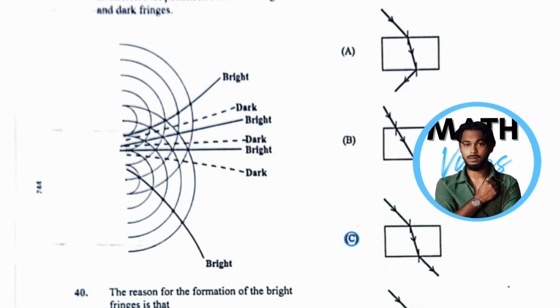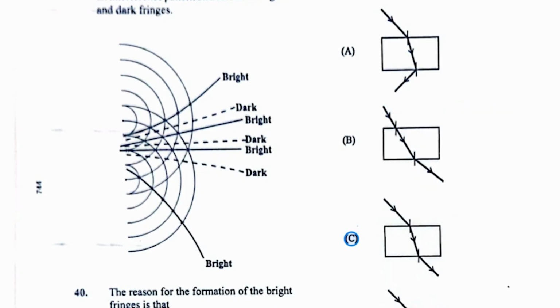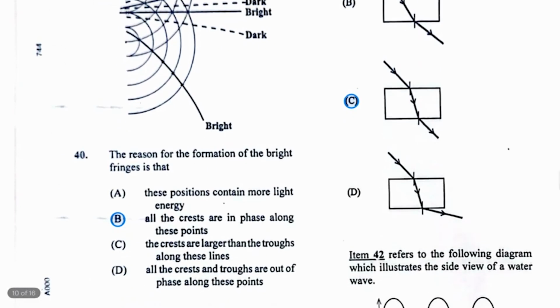So in this case, if they align, it's going to produce a bright spot. But if destructive interference happens, that means the waves are out of phase, so they cancel off, and that creates a dark spot. So if it produces a bright fringe, then all the crests are in phase along these points.